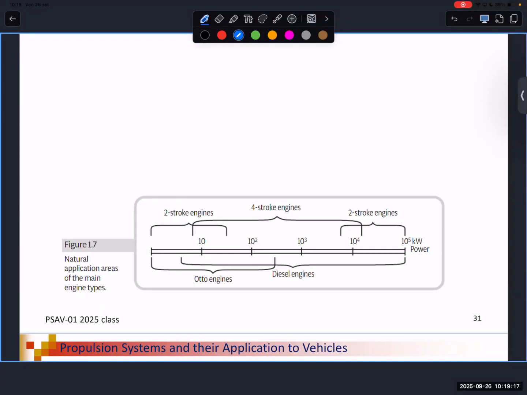So here we are considering, for instance, the area of passenger car.